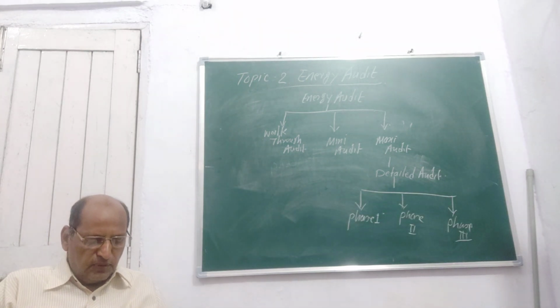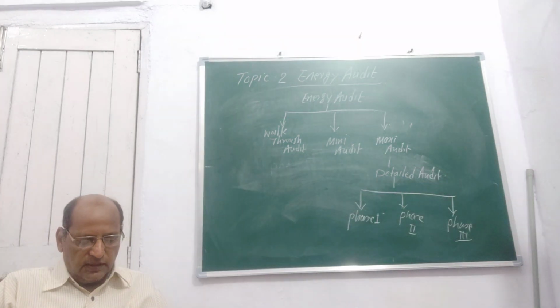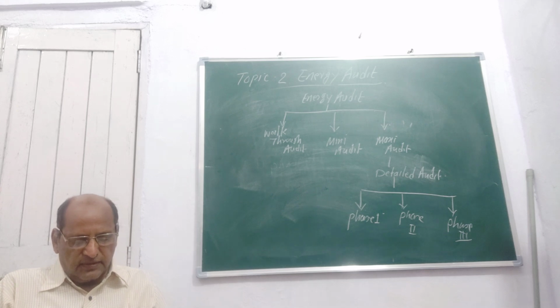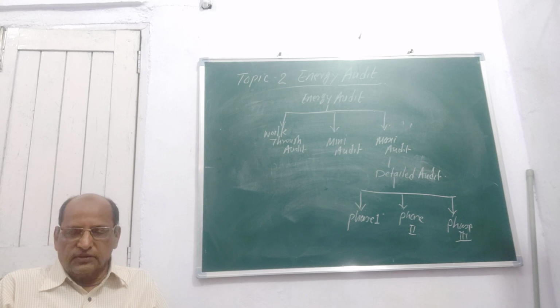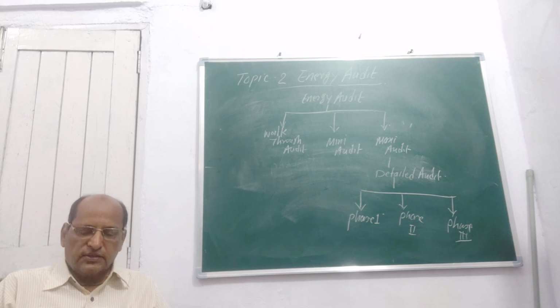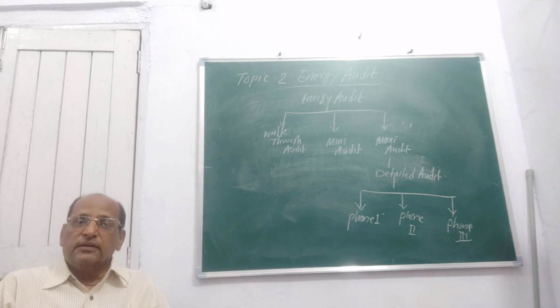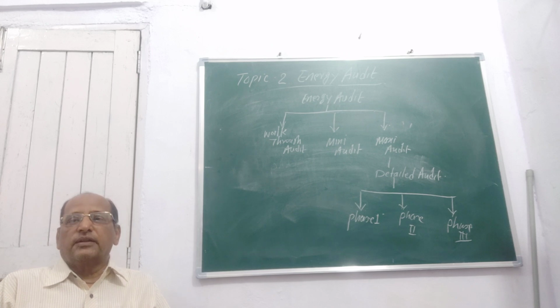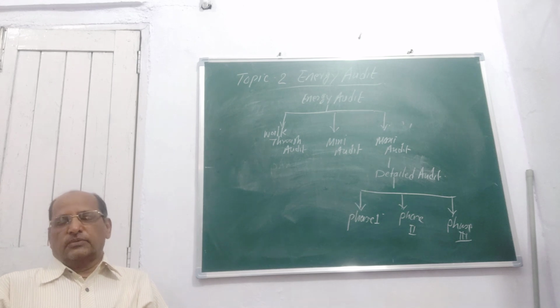Second stage, that is mini audit. This type of audit requires test and measurement to quantify energy use and losses and determine the economics. Now in the second step, the mini audit, you have to see the energy billing process of that particular installation, and what type of tariff is applied.